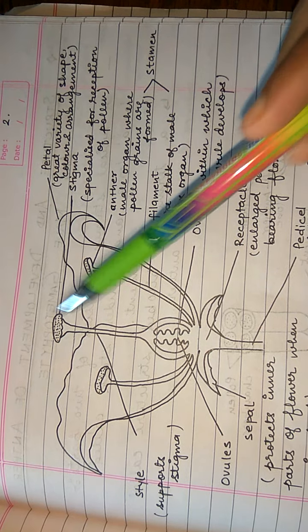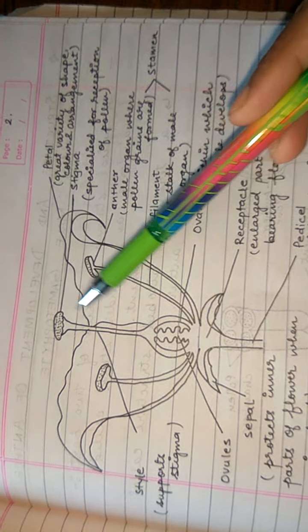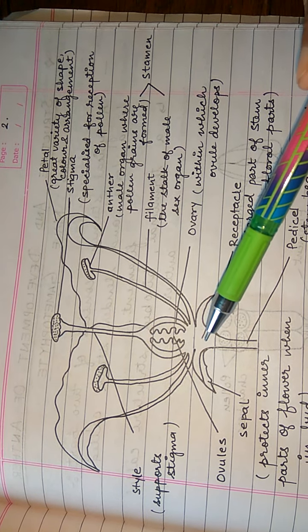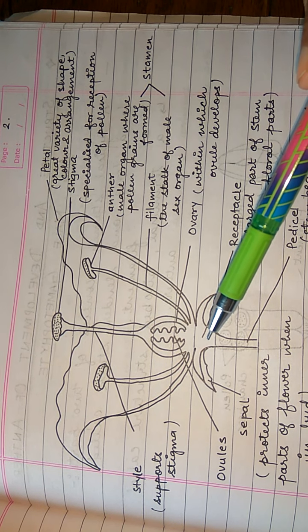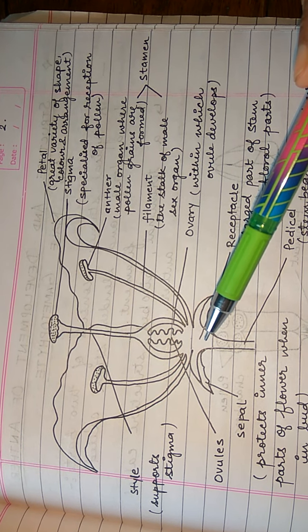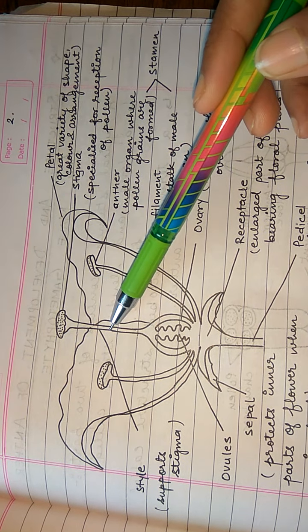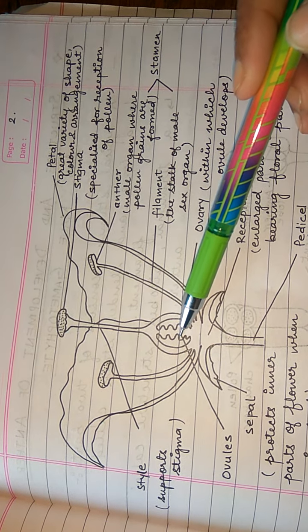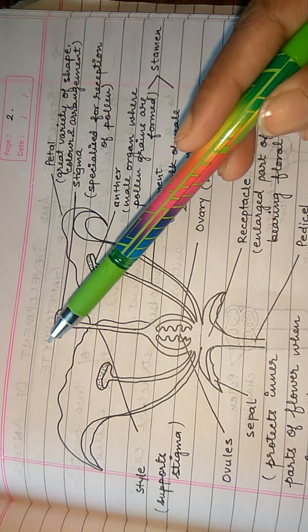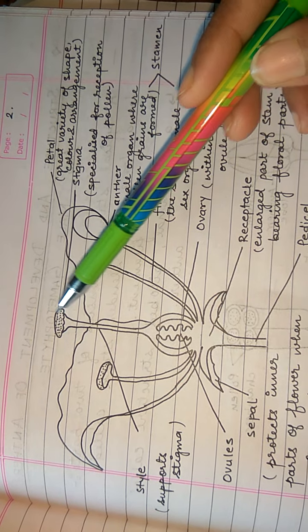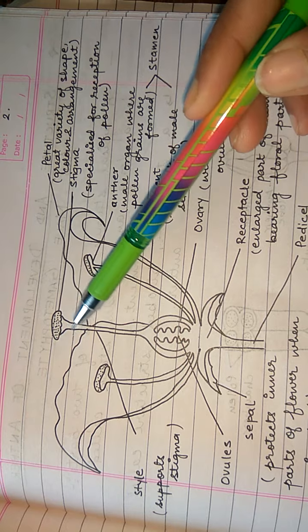The innermost whorl is the gynoecium, which consists of carpels representing the female sex organ. It contains stigma, style and ovary. The stigma is specialized for the reception, the platform for the pollen grains.